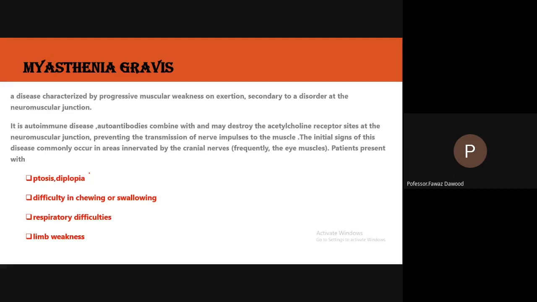Myasthenia gravis, muscle weakness, is characterized by progressive deterioration of muscle weakness.